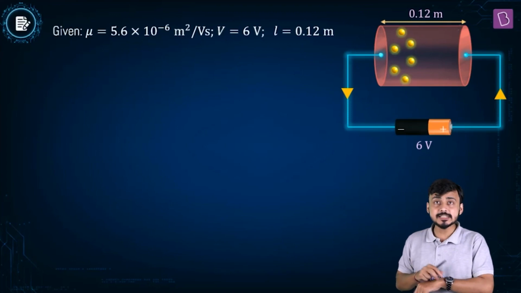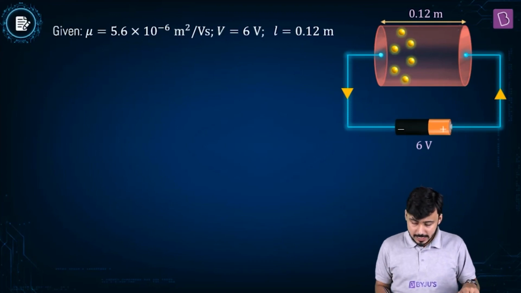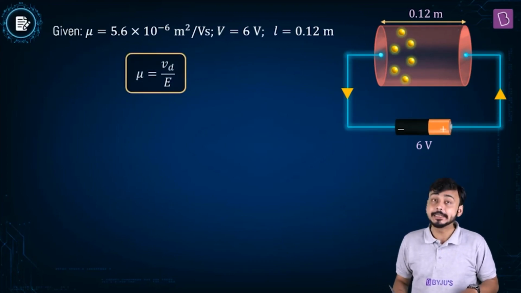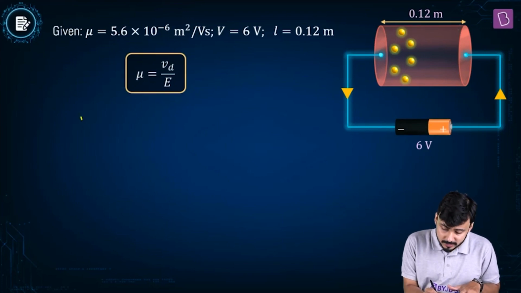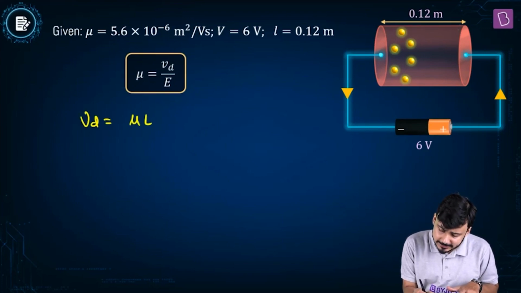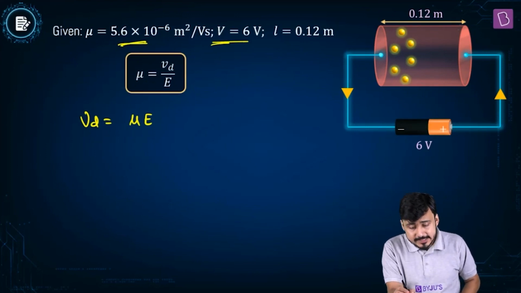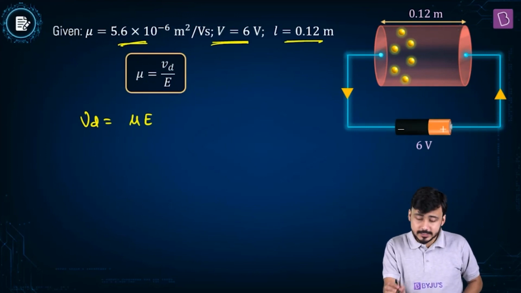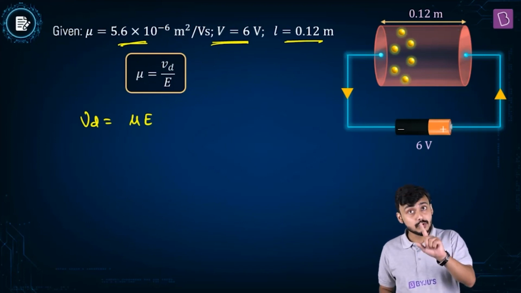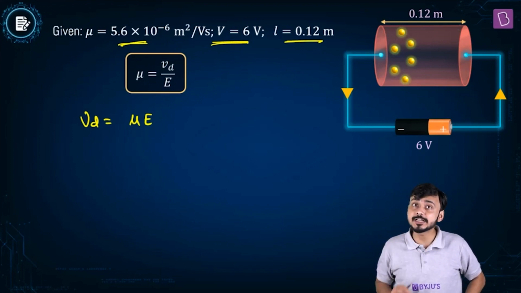Now this is the figure given to you. We know the formula mu is equal to Vd by E, so drift velocity is equal to mu times E. Now, you know mu, you know the potential difference across the conductor, you know the length of the conductor, but you don't know the electric field. So what is the formula for electric field in terms of potential difference?